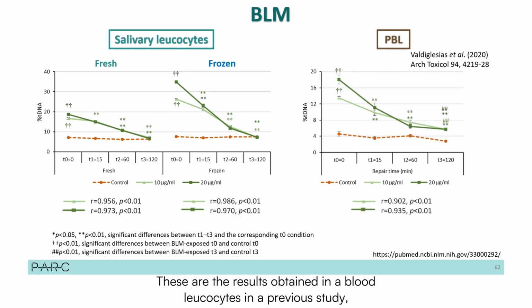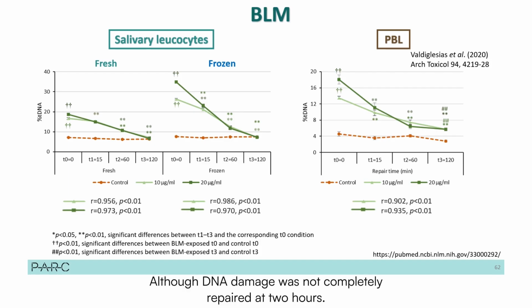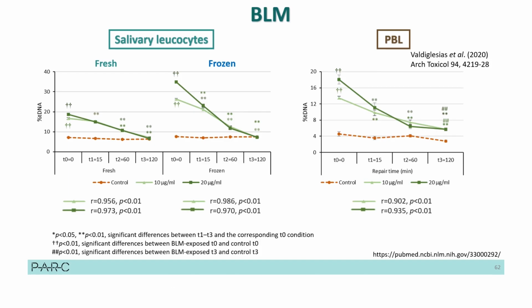These are the results obtained in blood leukocytes in a previous study where cells were treated in the same conditions, which are very similar to those in saliva leukocytes, although DNA damage was not completely repaired at 2 hours.